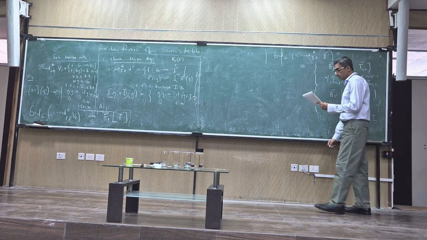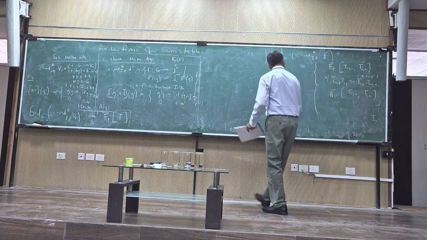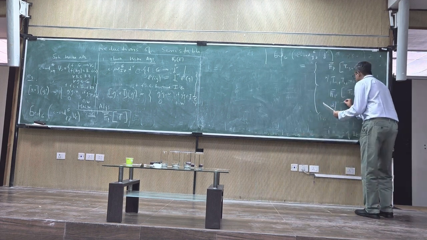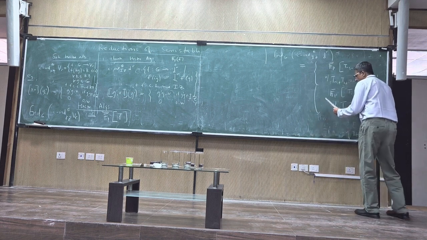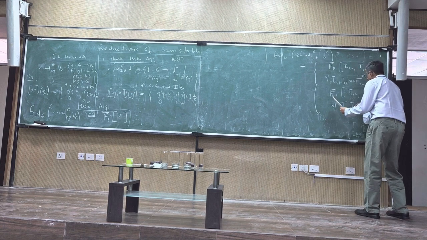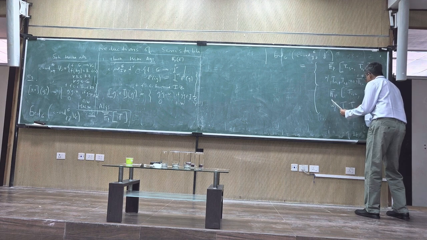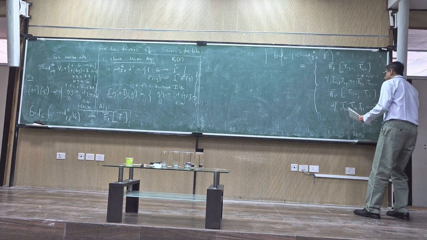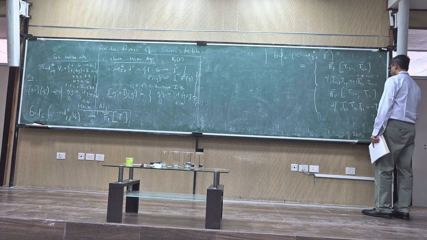But here there is a relation, and the relation is t1, 0 times t1, 2 times t1, 0 times t1, 2 is equal to minus t1, 2. Okay?